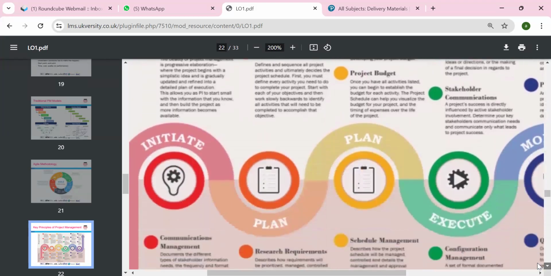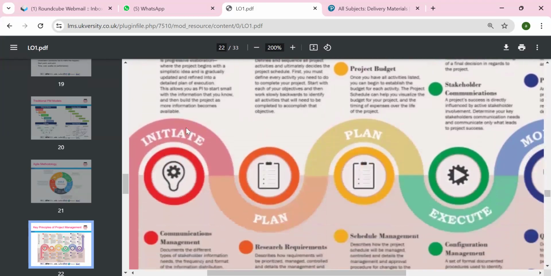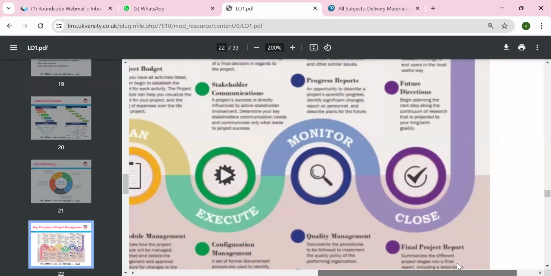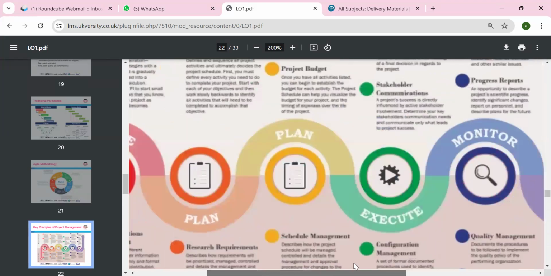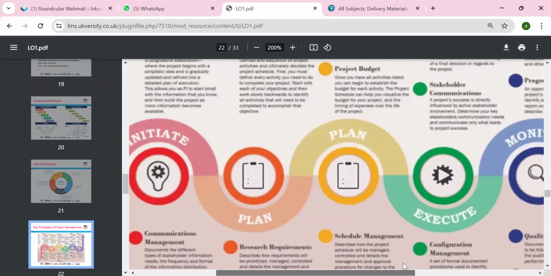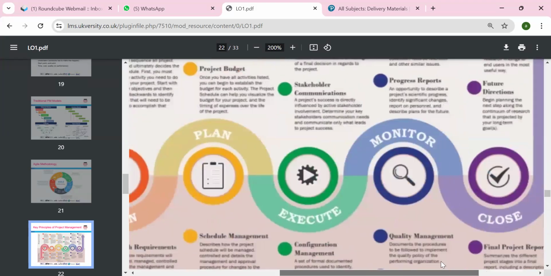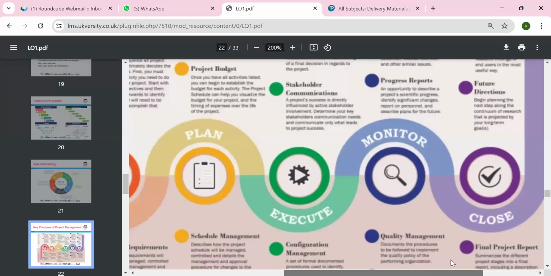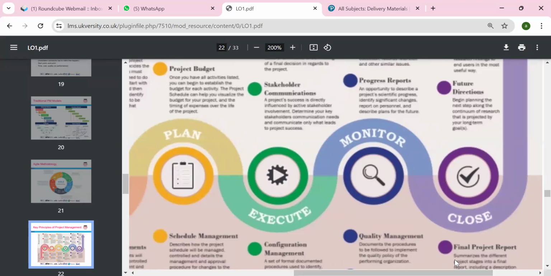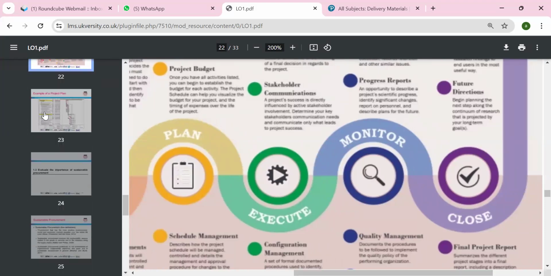We also have initiate, plan, execute, monitor, and close the project. These can all be the stages: communication, measurement, resource requirements, schedule management, configuration, and quality management. And finally, we can look at the project report that needs to be created, which is very important. We can create the final report.